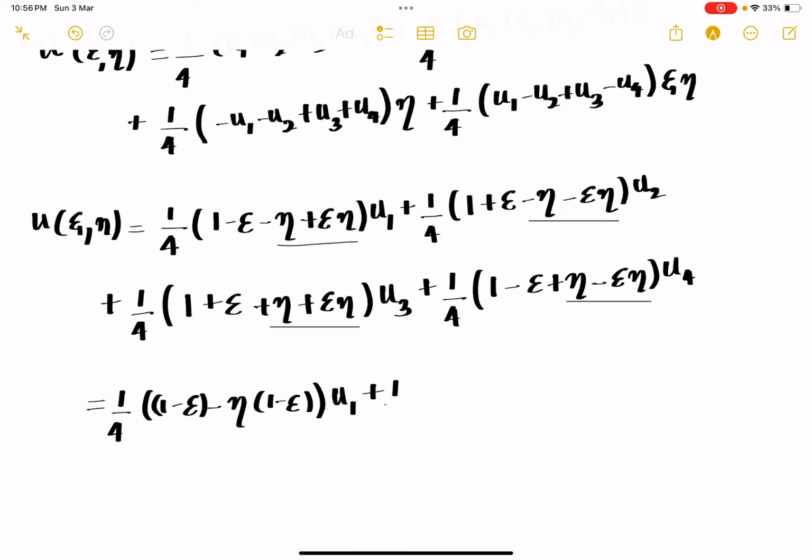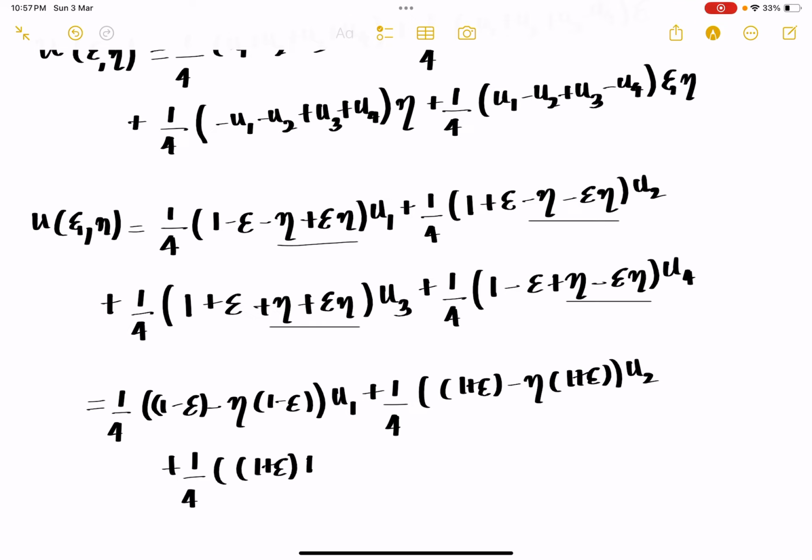Similarly, plus 1 by 4, I can write 1 plus epsilon, and if I bring that eta outside, I get 1 plus epsilon into u2, plus 1 by 4 into, I can put a bracket, 1 plus epsilon like this. If I take the eta outside, plus eta into 1 plus epsilon into u3.